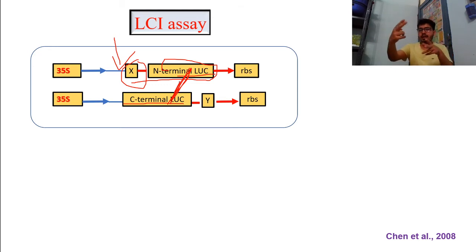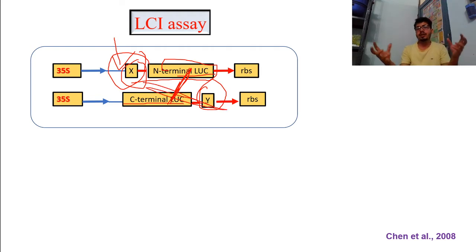N terminal of Luc and C terminal of luciferase will interact with each other. So if your X protein and Y protein are interacting with each other, then only you can come up with the fluorescence, because one system has your X protein and the second one has your Y protein.